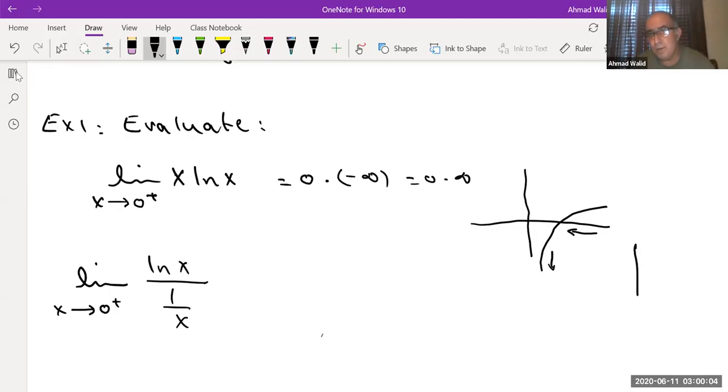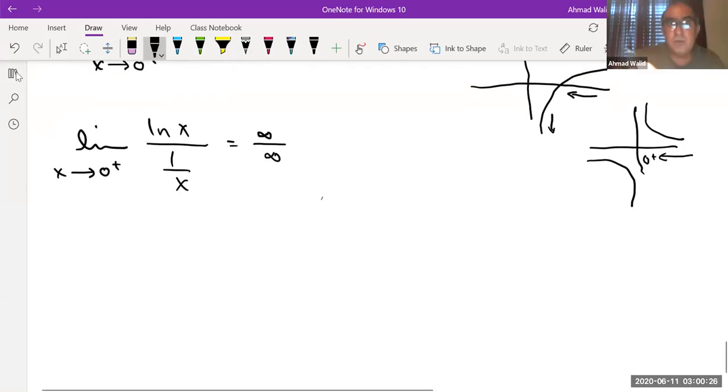Who remembers the graph of 1 over x? It is like this. As x approaches 0 from the right, your graph goes to infinity. It means if you plug in 0 now, it gives you infinity over infinity, which is an indeterminate form of limit. As soon as you are in the form of infinity over infinity or 0 over 0, apply L'Hopital's rule.